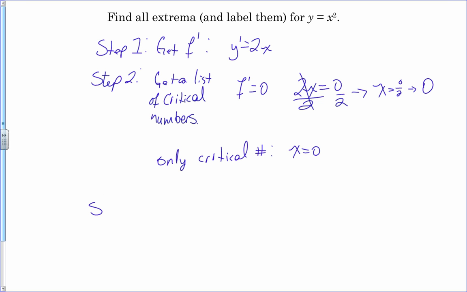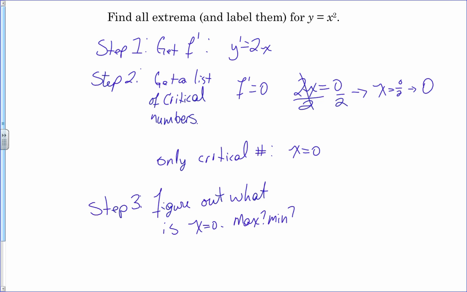Now, our third and final step, step 3: we need to figure out whether x equals 0 is a max or a min.